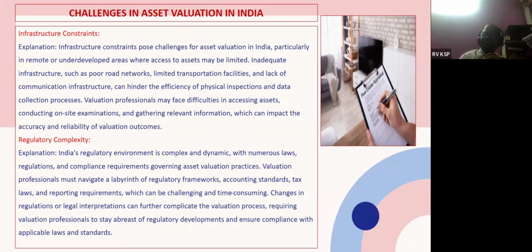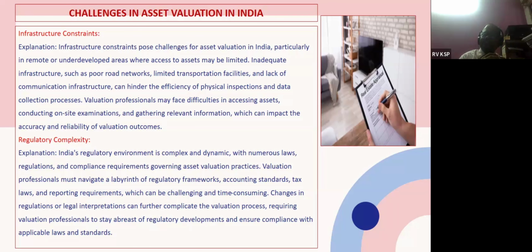Sometimes it happens. It's very difficult. Valuation professionals may face difficulties in accessing the asset, so that on-site examination and gathering relevant information can impact the accuracy and reliability of the valuation outcome. So these are all some of the constraints.